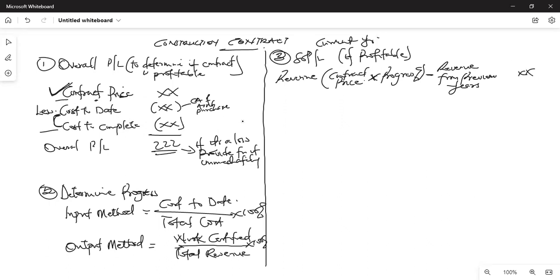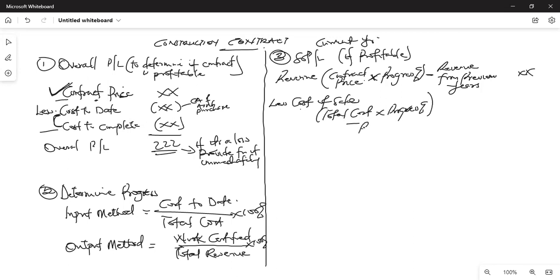Cost of sales, we are doing a small P&L here. That one too, the same thing. How do you get it? You need to know your total cost. You need to multiply by what? The same progress percentage. And you need to less what?